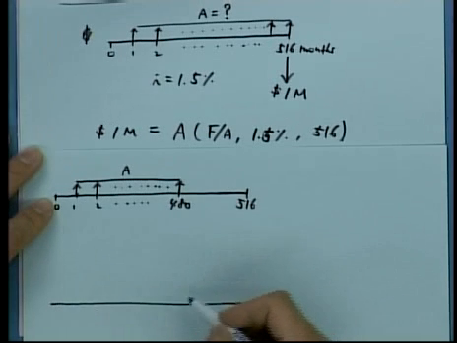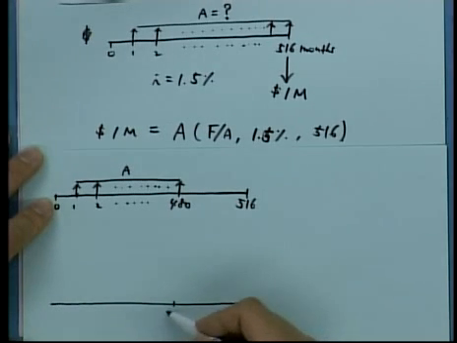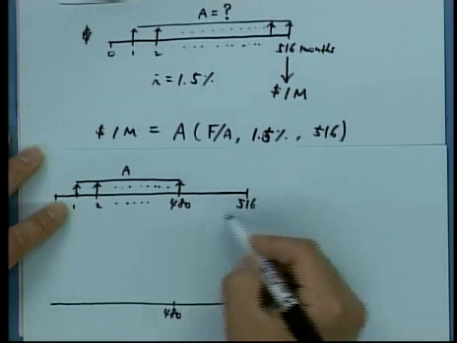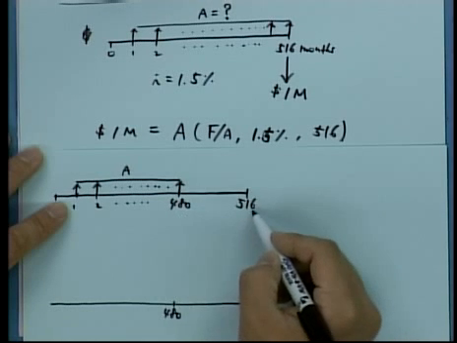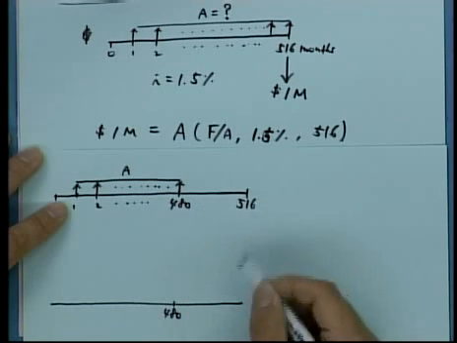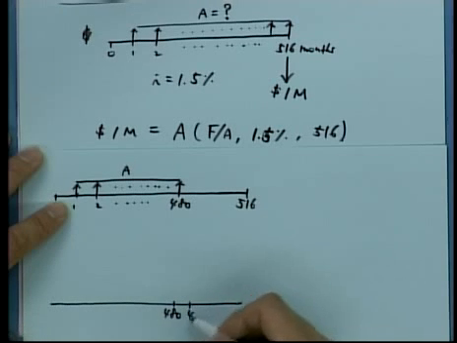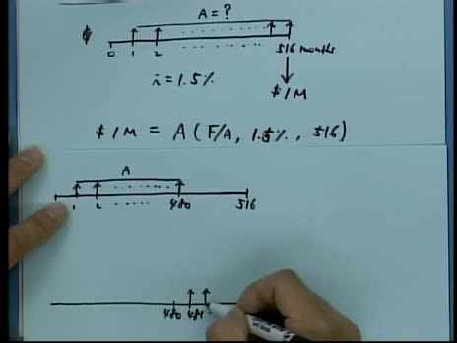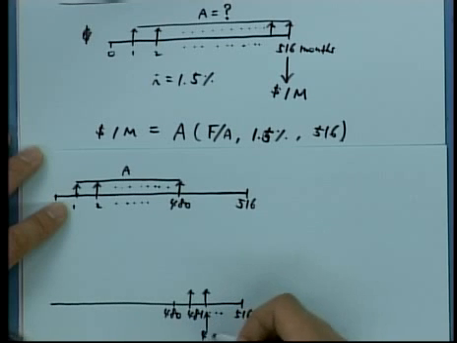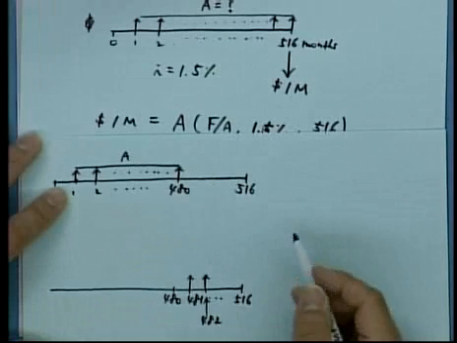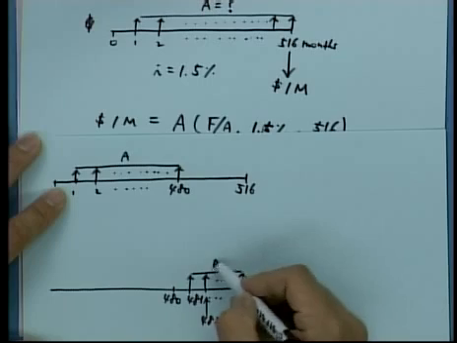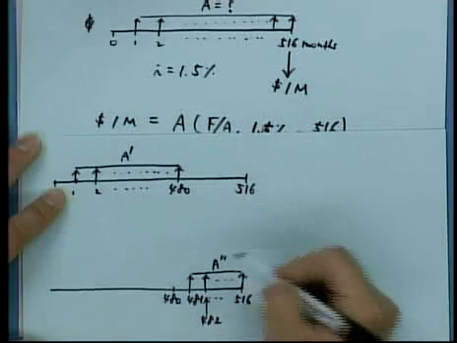the uniform series for the last 36 month period. 516 minus 480 is 36 periods, right? So let's say 481 through 516. This is the 482, okay, and so on. Let's say this is A prime, A double prime, okay?